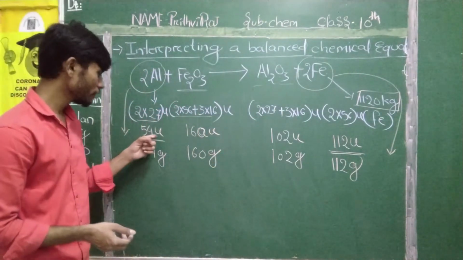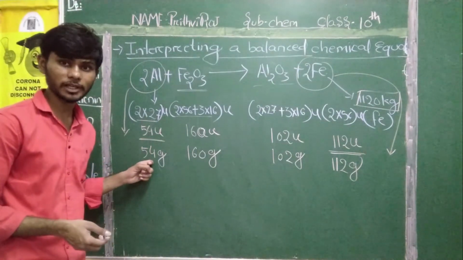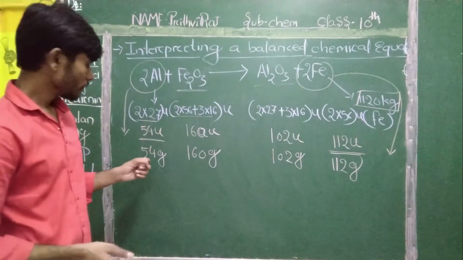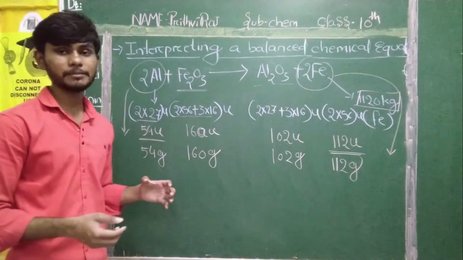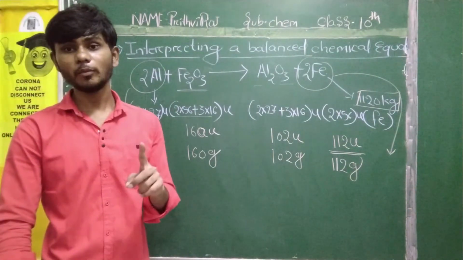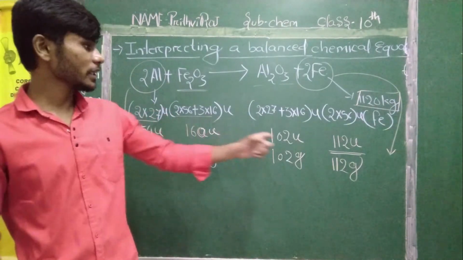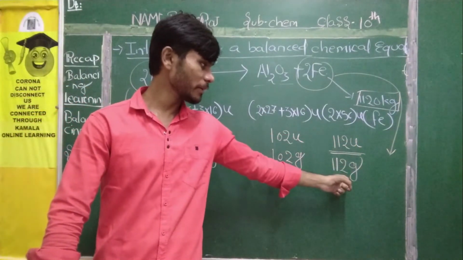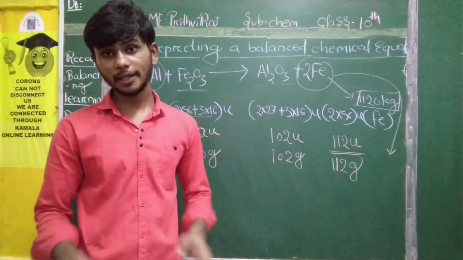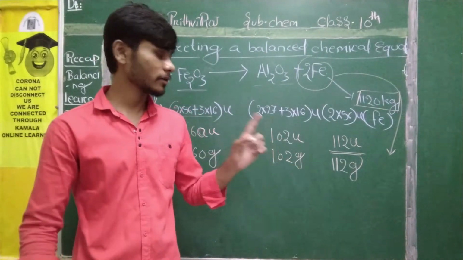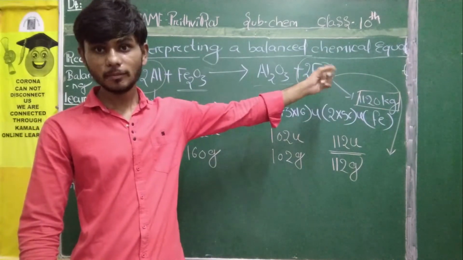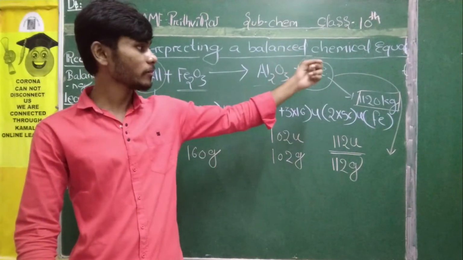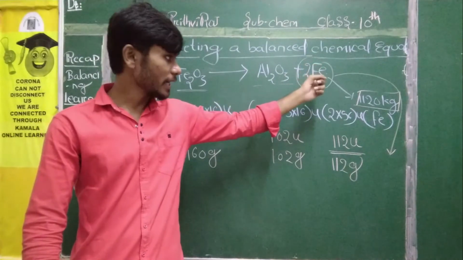So here, instead of 54 U, if I write 54 gram, then 54 gram means I am getting 1 mole of aluminum. Instead of 112 U, I write 112 gram, and I am getting 1 mole of iron.